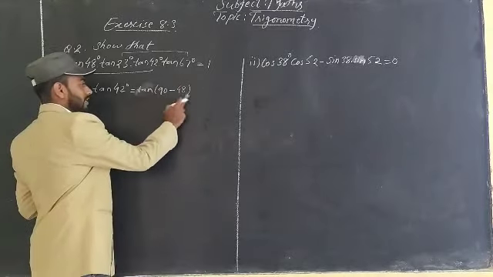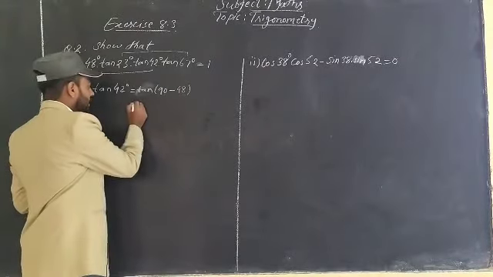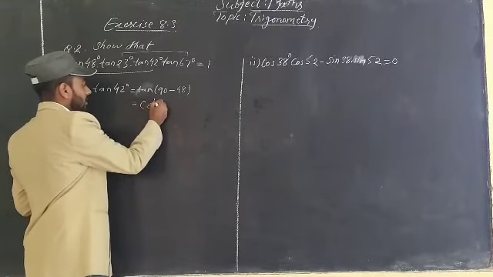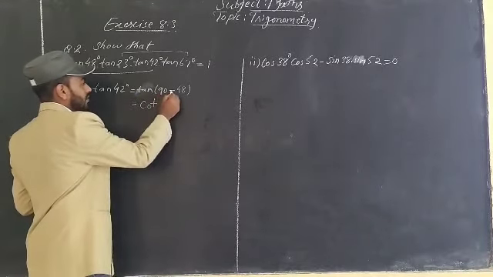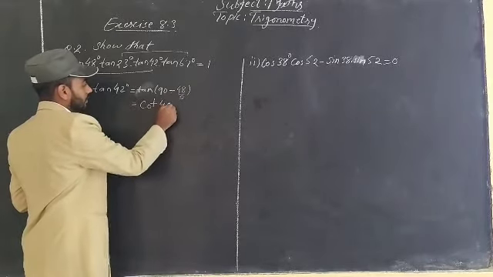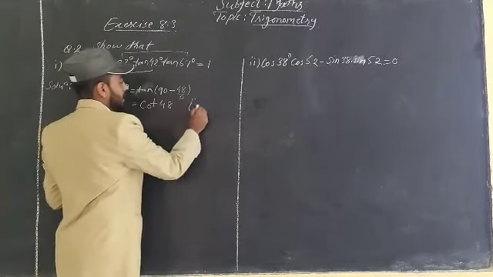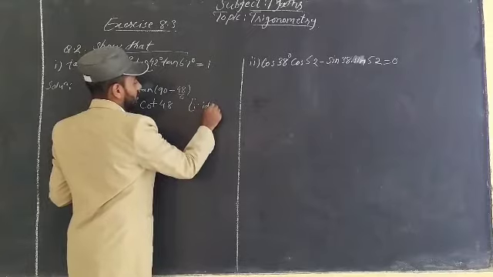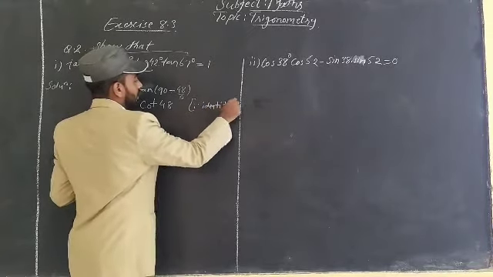So tan 90 minus theta is cot theta. So in place of theta there is 48, so cot theta means cot 48, by identity, or you can say by formula.